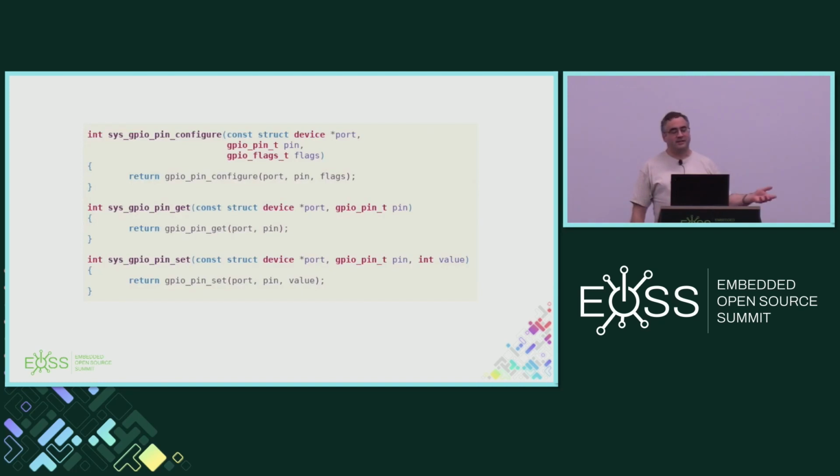What I did is basically, I have the sys wrappers for the device, the actual calls that are there, because they're system calls, and then I'm wrapping the device, the struct device, in a GPIO struct, in this case, that has methods on it.